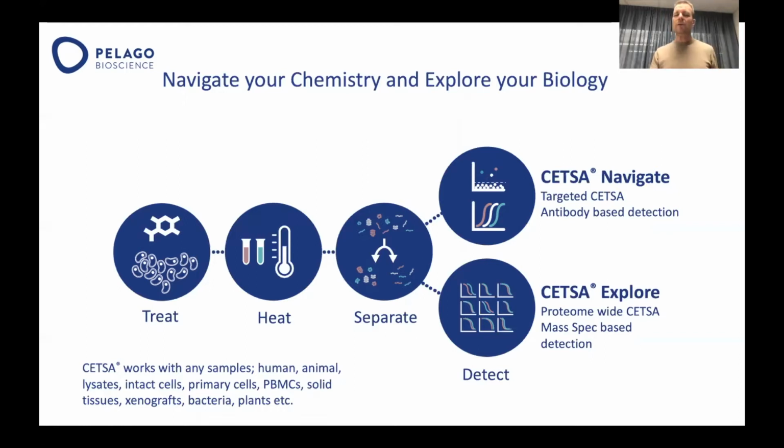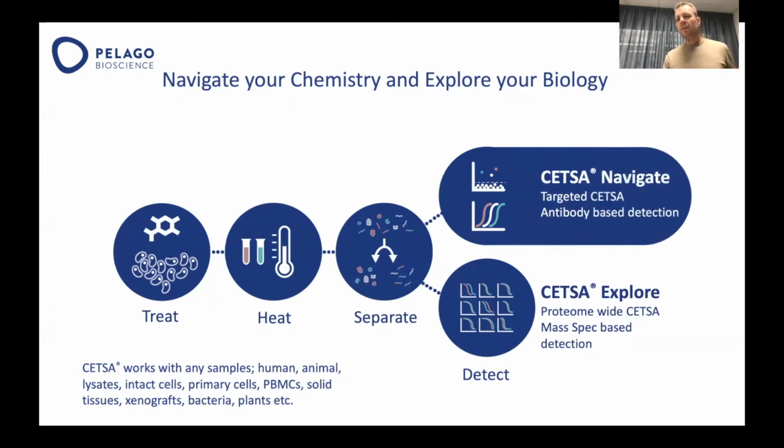But common to both formats is that it works in any sample matrix that contains your biology and your proteins of interest. That can be both lysates and intact cells or even tissues, but also other species like bacteria or fungi or plants.